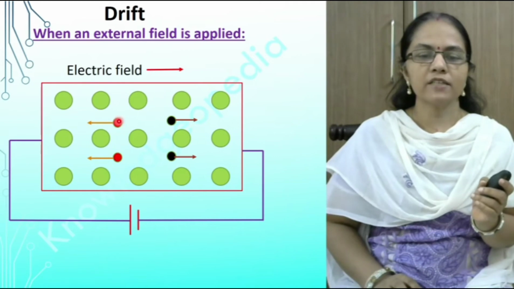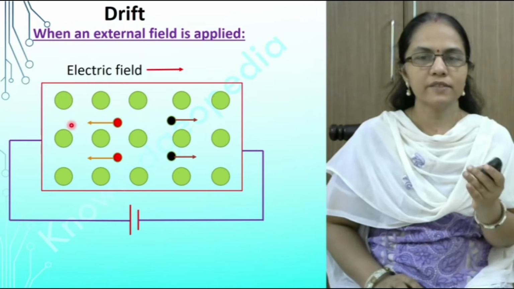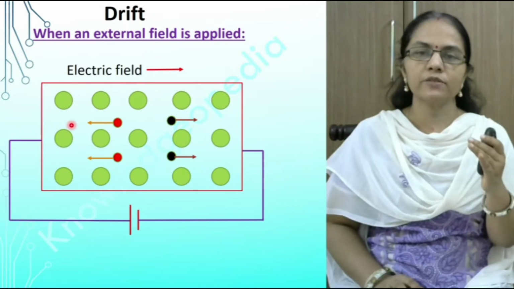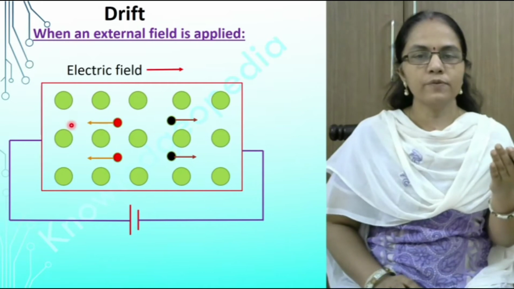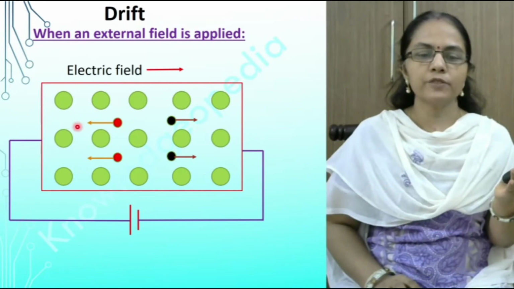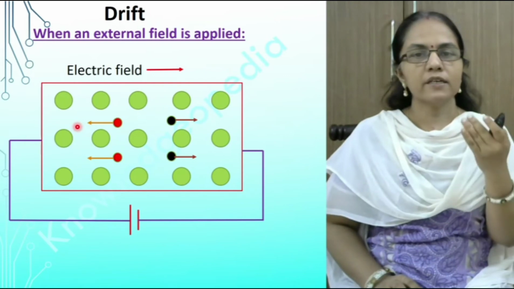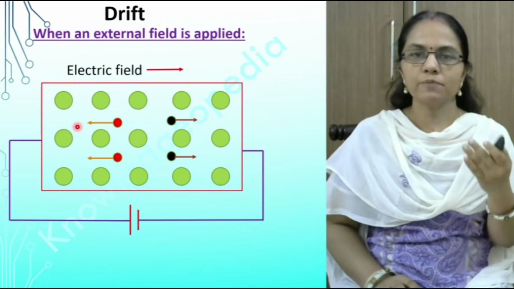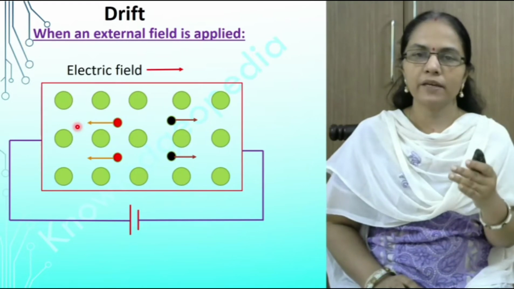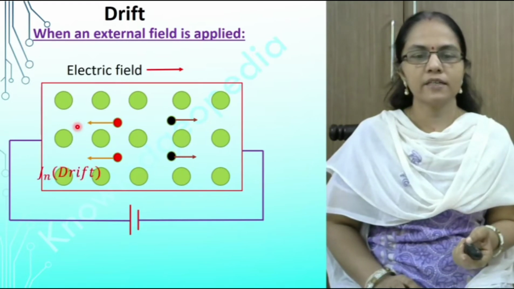If electrons are moving in this direction, what will be the direction of current? Always the direction of current is opposite to the motion of electrons. So if they are moving opposite to the electric field, the drift current which is being generated due to the drift of electrons will be in the same direction as that of the electric field.